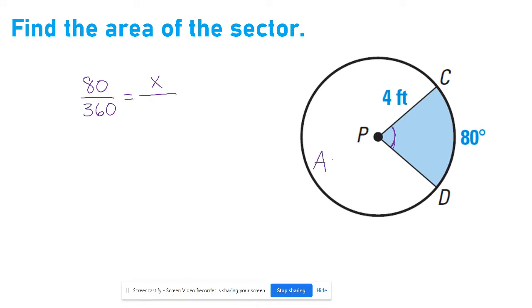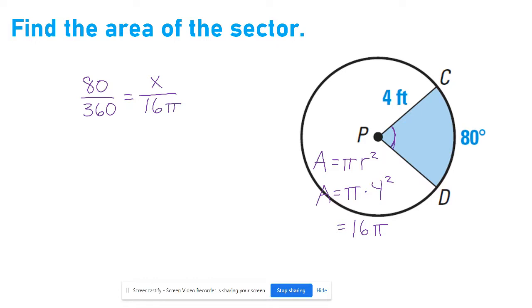Area is equal to pi times the radius squared. So our radius is 4, so area is equal to pi times 4 squared, which is 16 pi, which came up earlier. So it's x over 16 pi. All right, so now I'm going to simplify my fraction.